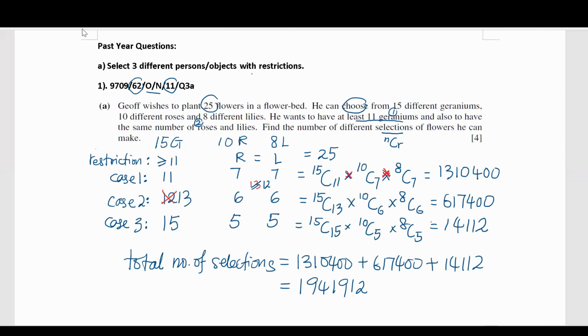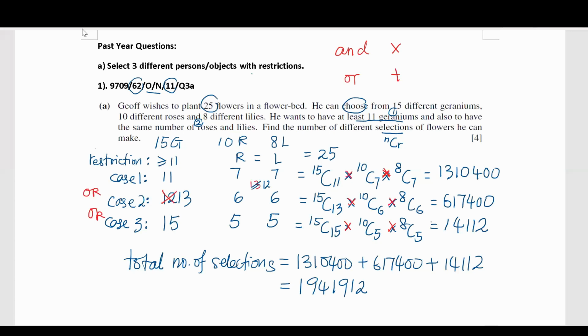All right. Or we can consider case 2. Then we have the 13 geraniums and 6 roses and 6 lilies. Or case 3, that we have 15 geraniums and 5 roses and 5 lilies. So can you see when I emphasize and I multiply them, or I add them together.